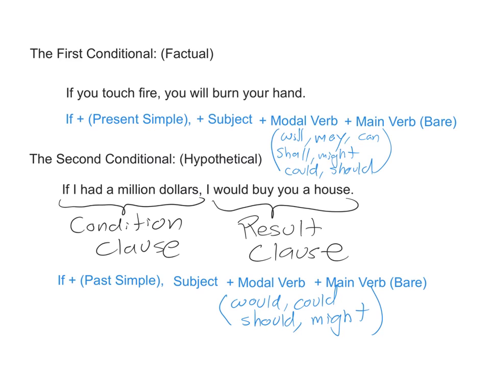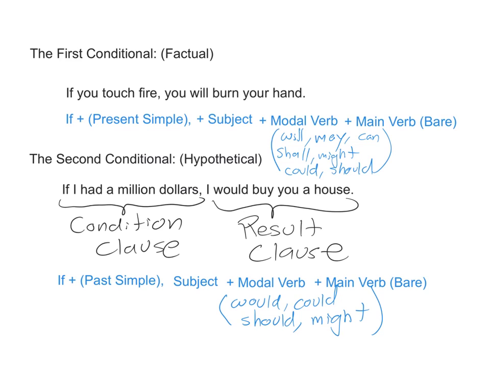So let's take a moment and compare the two conditionals. In the first conditional, the condition clause, if you touch fire, is written in the present simple tense. But in the second conditional, the condition clause, if I had $1,000,000, is written in the past simple tense. Also, the result clauses in the first and second conditional allow you to use different modal verbs.